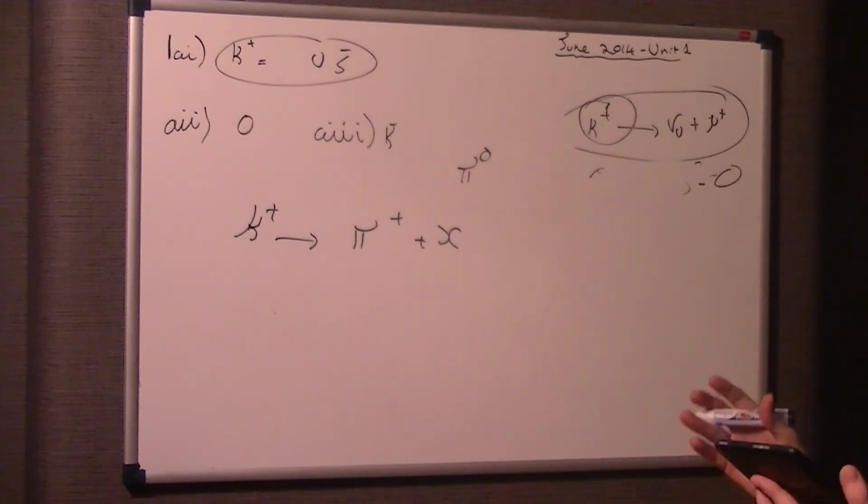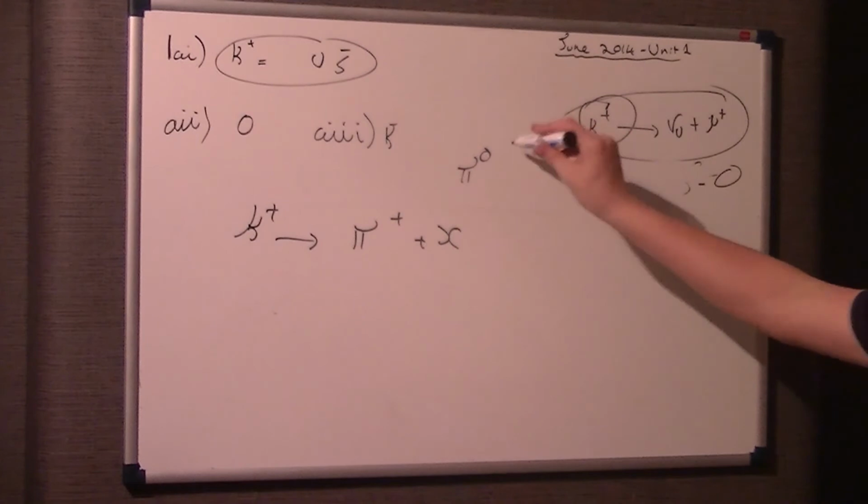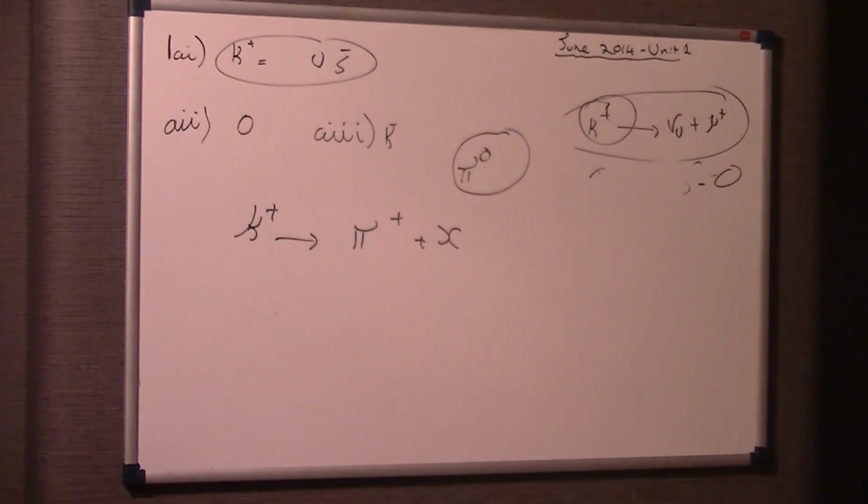We've got to also think, does it conserve the meson number, does it conserve the baryon number? And it does all of them. A neutrino, well, that granted wouldn't have any charge, but again, that's a lepton, so we can't choose that one.